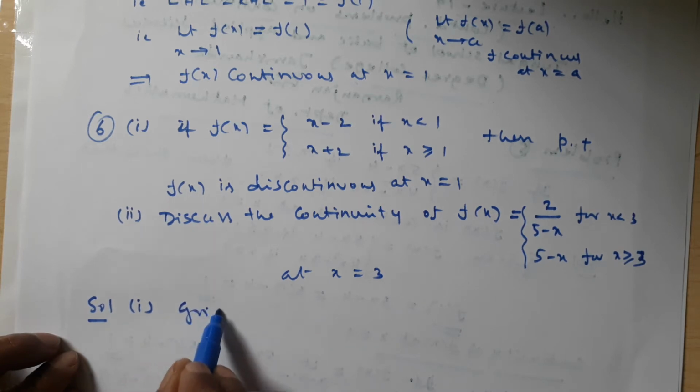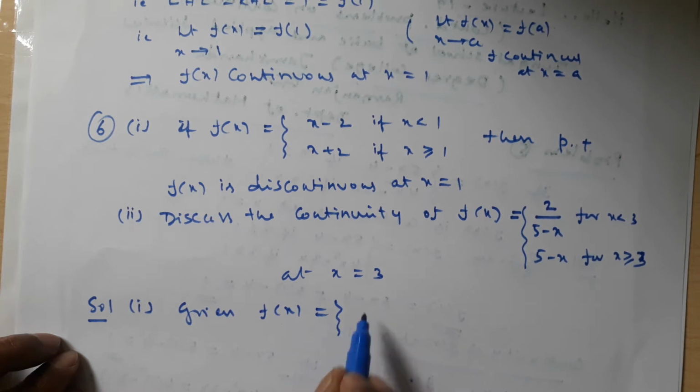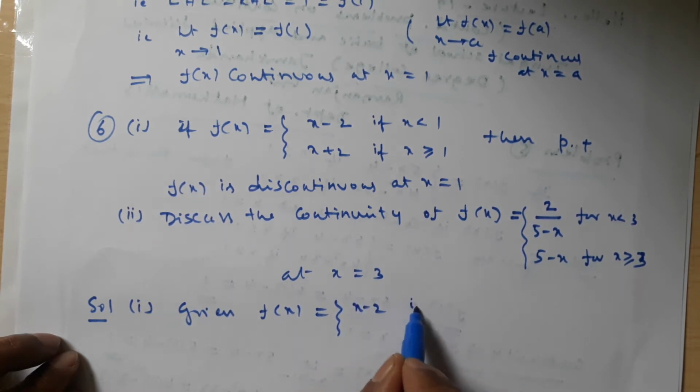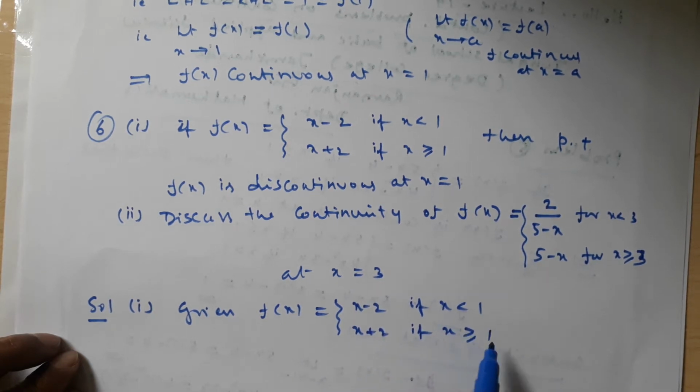Given f of x is equal to x minus 2 if x is less than 1, and x plus 2 if x is greater than or equal to 1.